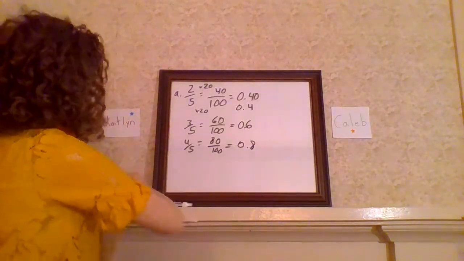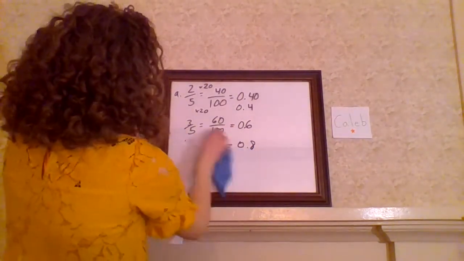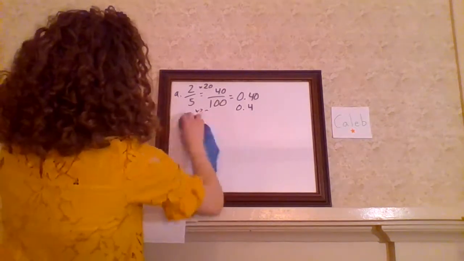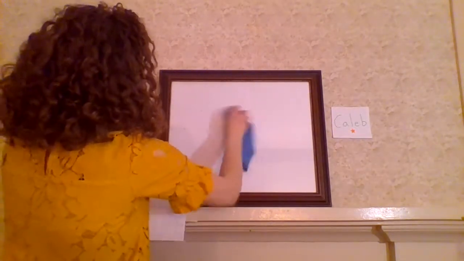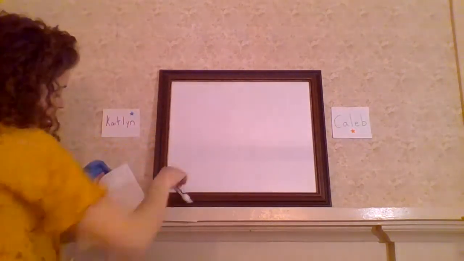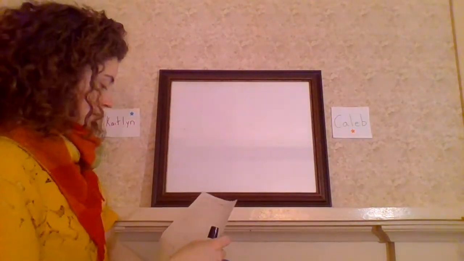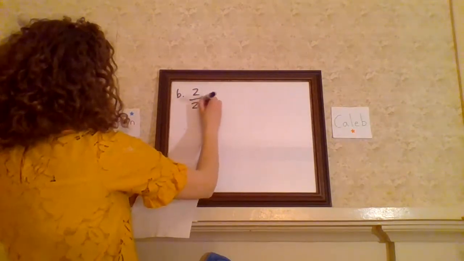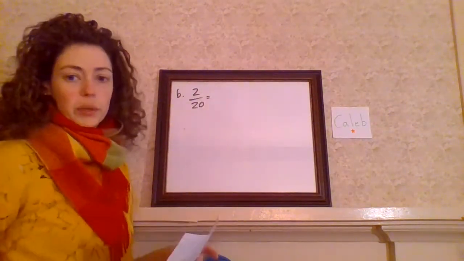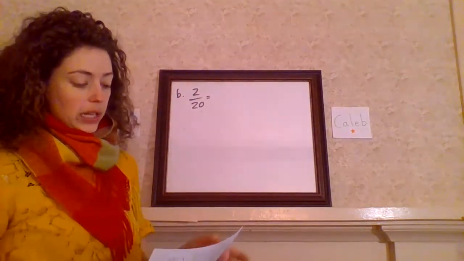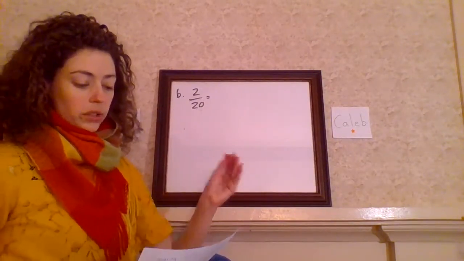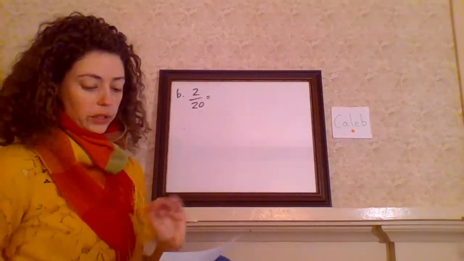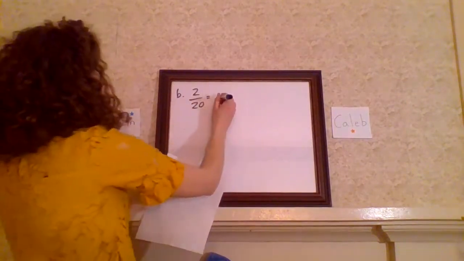Now let's try one more set of problems here, and then I'll tell you what we have for homework. Okay, so let's say we had 2 over 20, and you wanted to write that as a decimal. So first, you would change that to something over 10 or something over 100. So let's go with 100.